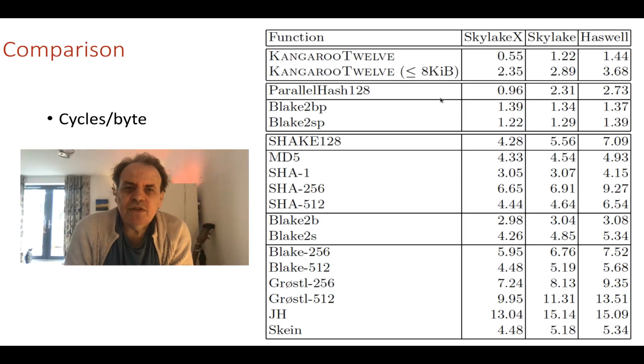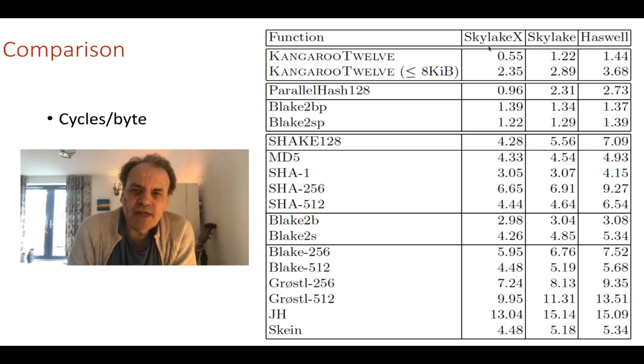The performance of Kangaroo12 is significantly better than even Blake. So Blake beat SHAKE 1 to 8. This is the cycles per byte. And you can see here Blake2 is significantly faster than SHAKE, and also MD5, SHA-256, and so on.